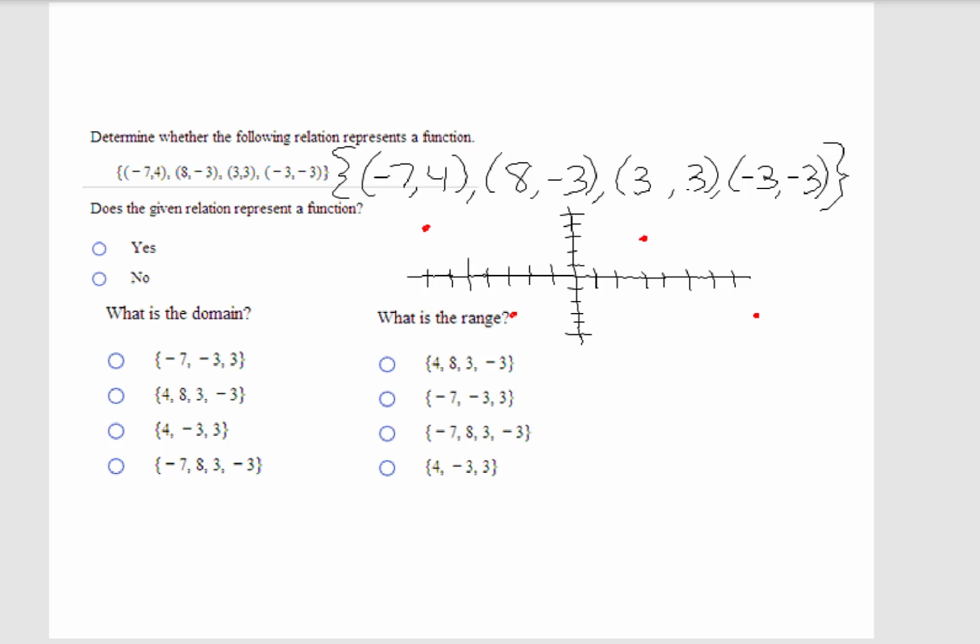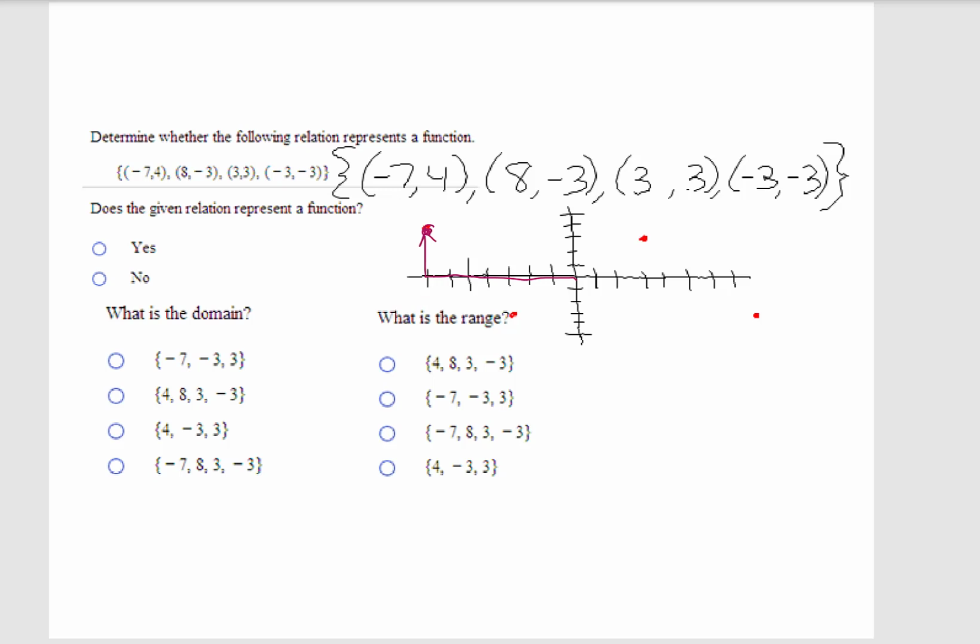We have (-7, 4). For that -7, we know it only had one output, one y, because we only see one point there, right? If there was another one, then we'd be like, oh, hold on, there was another -7 and then a different number as a point. So we know that that one's good.